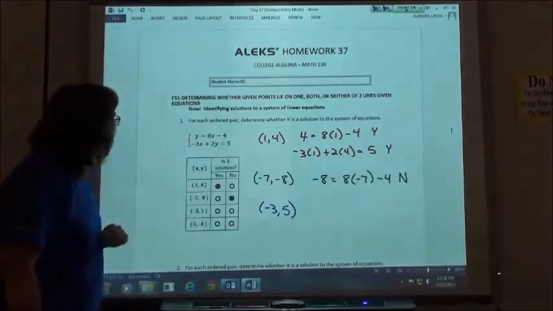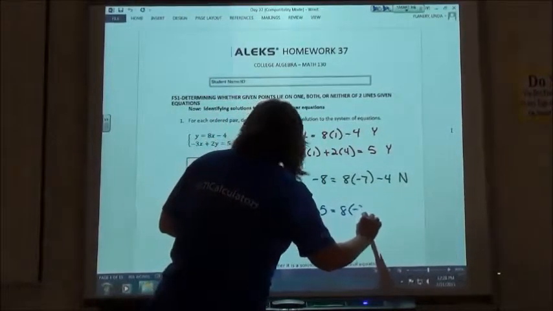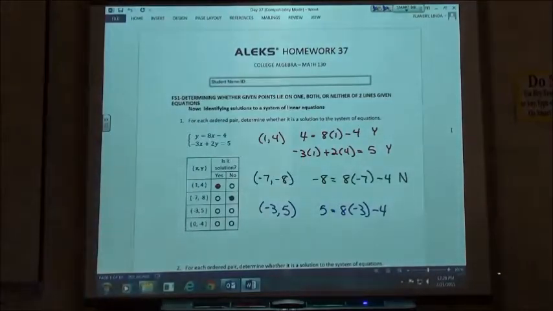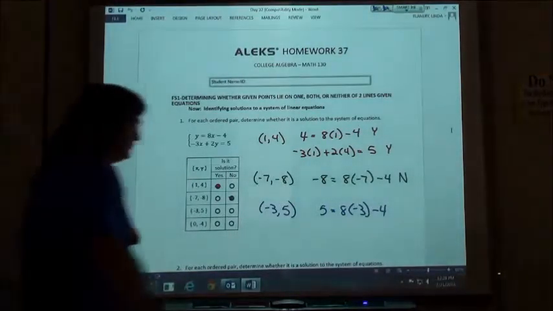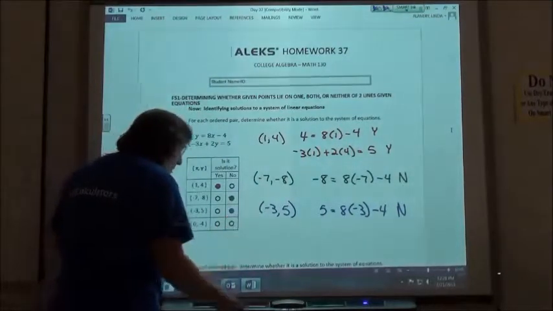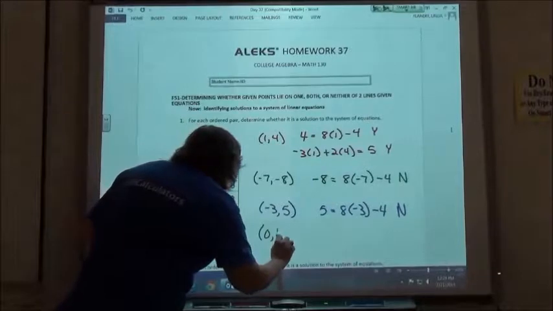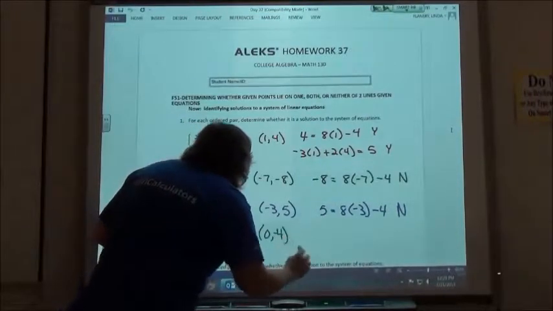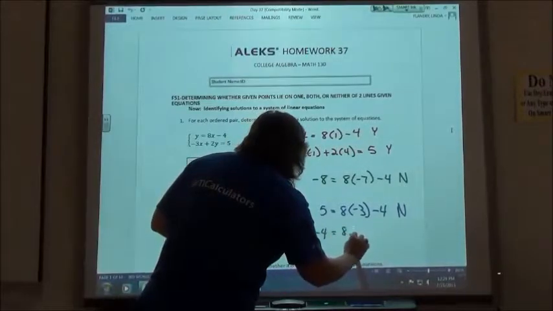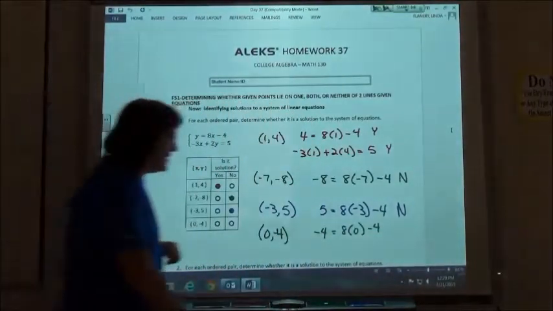The next one, negative 3, 5. So checking that in my first equation, 5 equals 8 times negative 3 minus 4. Does that one work? Nope. So again, we don't even have to bother with the second equation. And then the last one, negative 4. So negative 4, does that equal 8 times 0 minus 4? That's a yes.